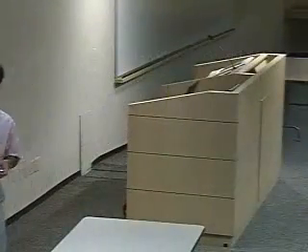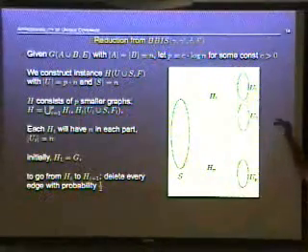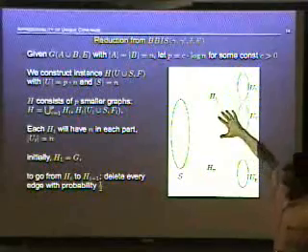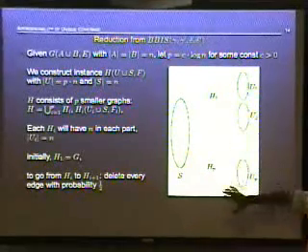So we have n vertices in each of these copies, and you start with G, and then you reduce the density by a factor of 1/2 when you go down.